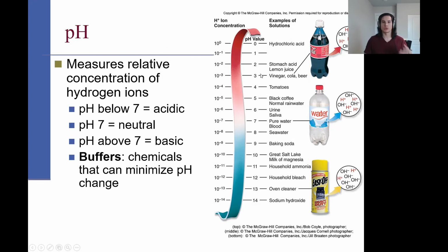So it'll drop drastically. However, if you have a buffer in that water, so let's say you have that same jar and you have a buffer in it, and then you pour stomach acid into it, instead of moving to a 3 or 4, it might move to like a 5 or 6. So it prevents the drastic change in pH due to the addition of a base or an acid. So it can go the other way as well.